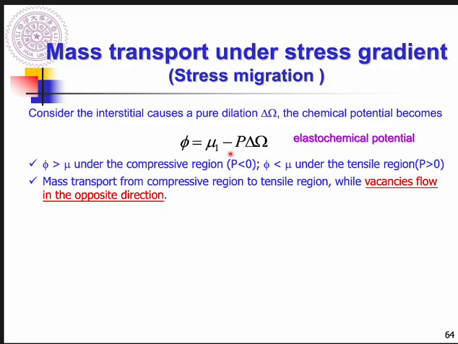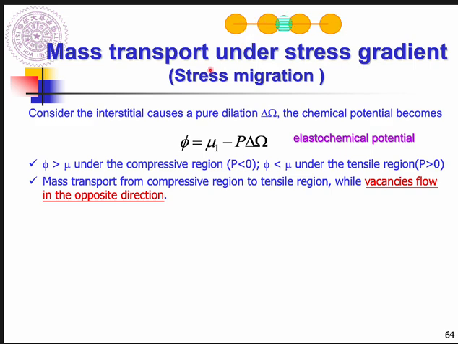Before we have a stress field, the potential was mu1. But you need to modify it by an extra term because you have an interstitial causing pure dilation. So what does this mean? Before we have the interstitial, the atoms sit like this with the same distance in between.